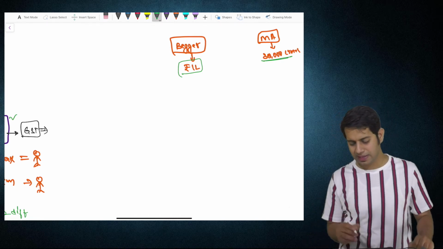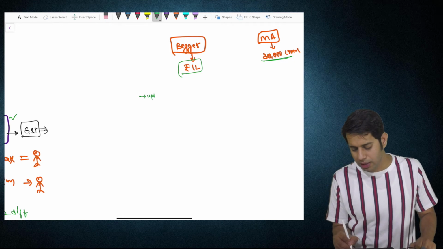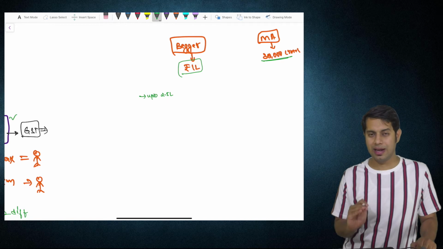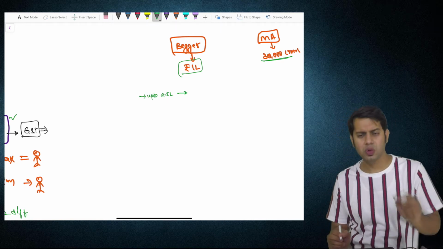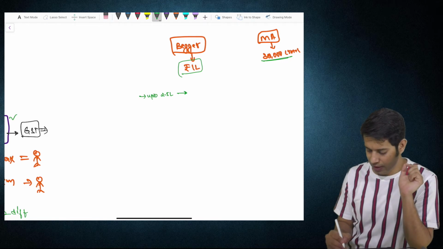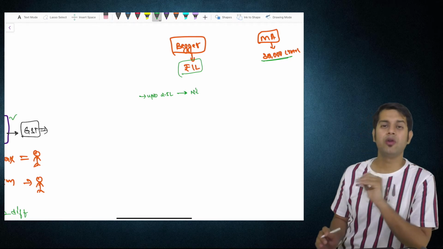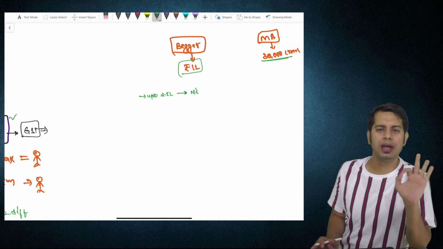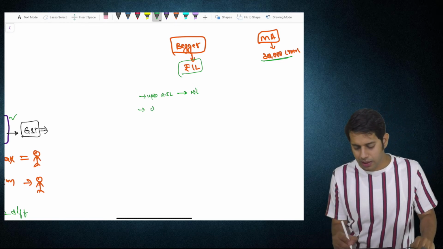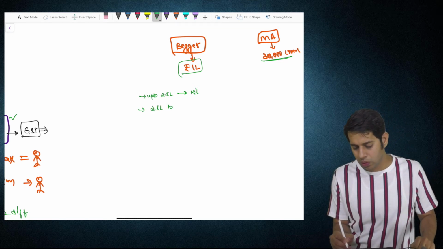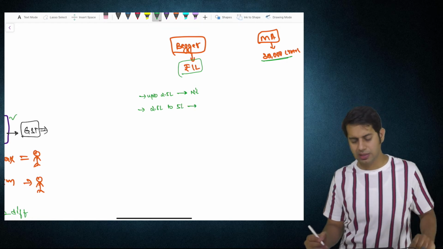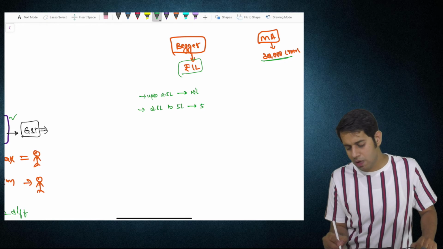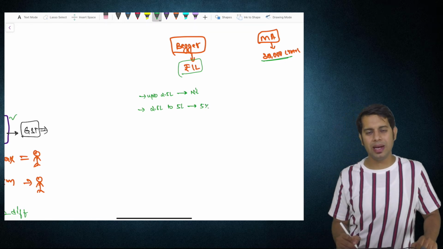Now, under income tax, as we all know, if your income is up to 2.5 lakh rupees, and if you have already attended your income tax classes, you will know this. If not, not a problem. If your income is up to 2.5 lakhs, you don't have to pay any income tax at all. If your income is from 2.5 lakhs to 5 lakhs, you will have to pay an income tax of 5%.